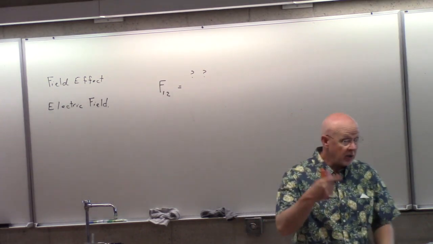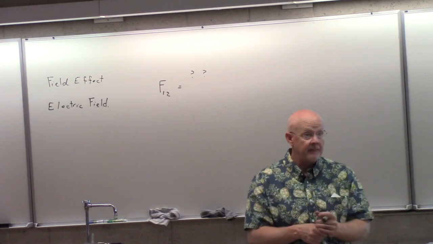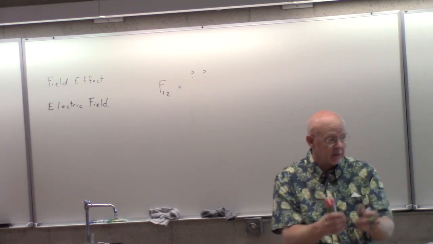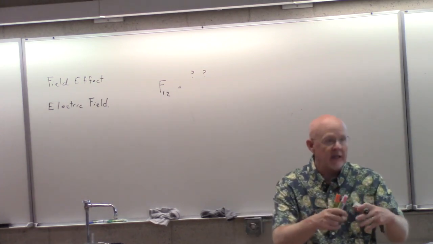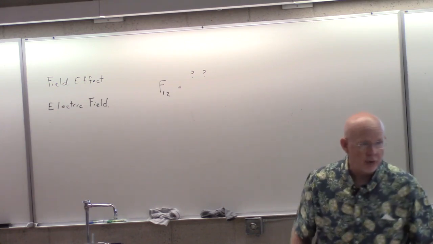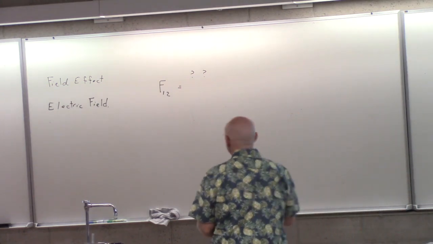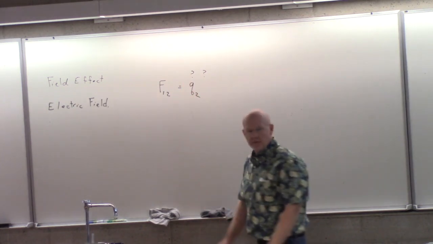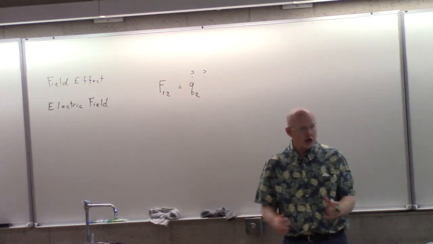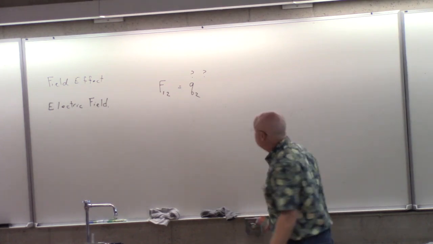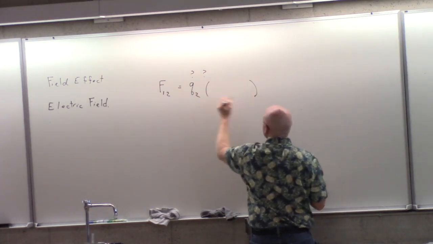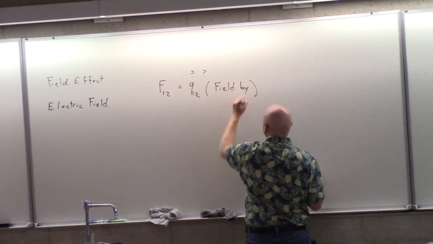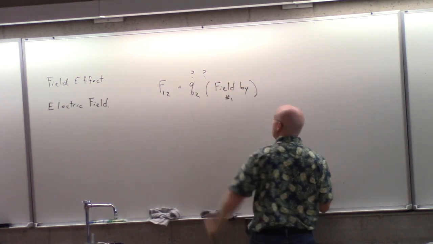What's happening is first number 1 makes a field, then the field is what puts the force on number 2. So I would say one of the factors that would go right here is charge number 2. Right? How much charge are you going to put there? Because then this other factor is this field. This is the electric field created by number 1.